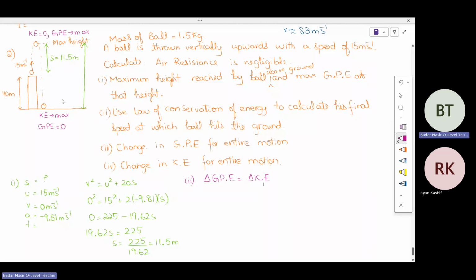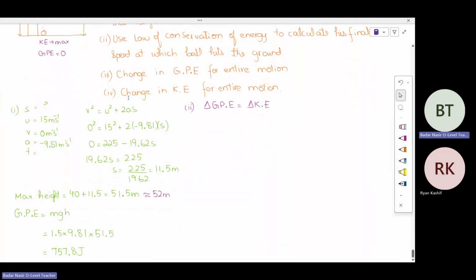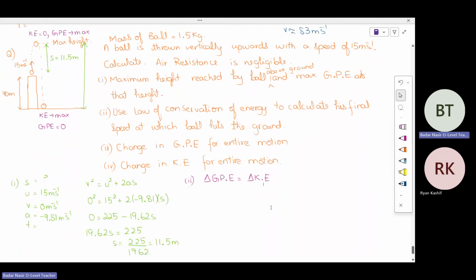So change in gravitational potential energy from top to bottom, मतलब from maximum height till it reaches the ground, हमारे पास gravitational potential की value आई थी 757.8. तो 757.8, we use the formula 1/2 m(v square minus u square). Again u 0 है.